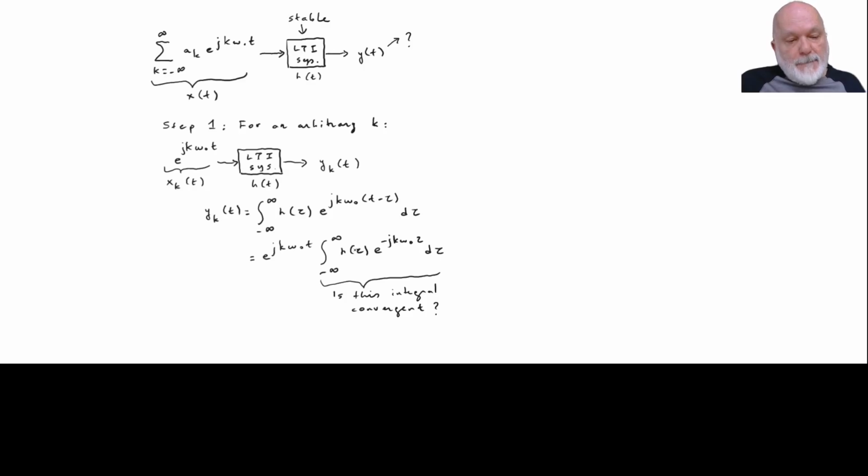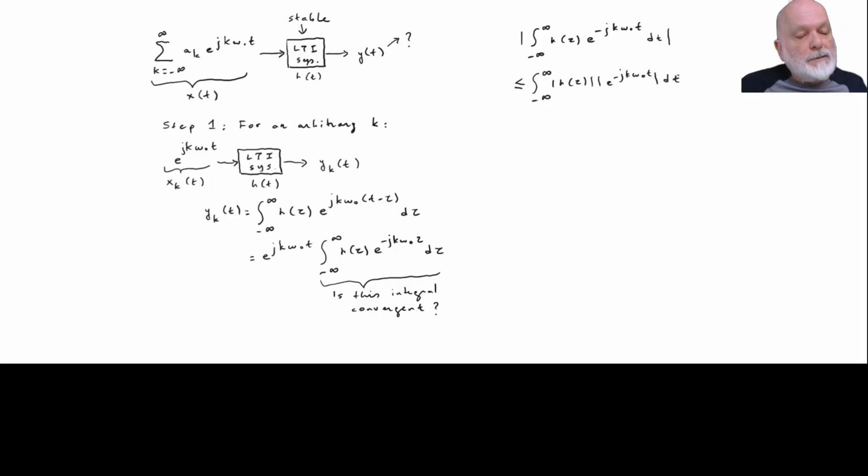Okay, so we just look at the magnitude of this integral, h of tau e to minus jk omega 0 t, integrated with respect to t. Okay, we look at this magnitude. This is less than or equal to the integral of the magnitude of the integrand, e to minus jk omega 0 t, integrated with respect to t.